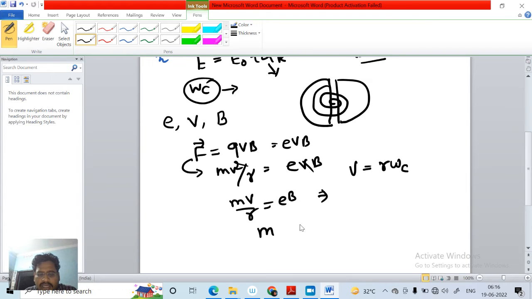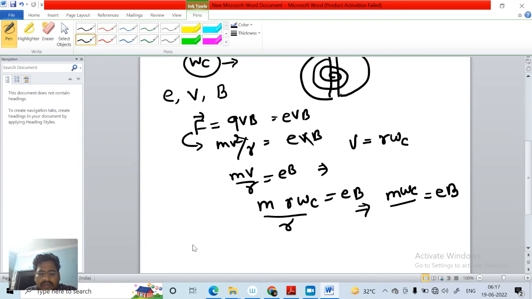Then m r omega c is equal to eB by r. So from this expression we get that omega c is equal to eB by m.